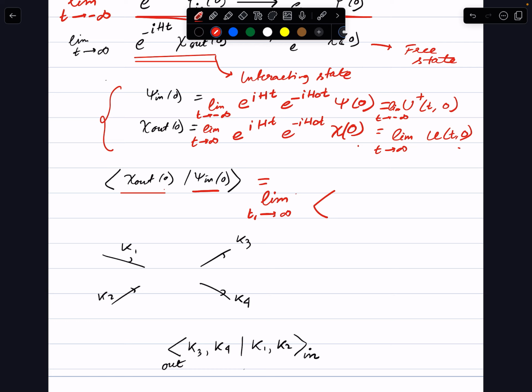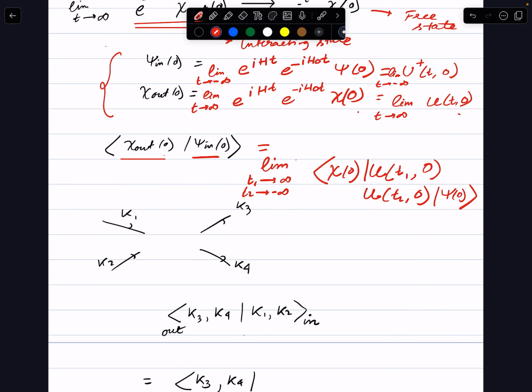So this is chi 0 U t1 0, and this is t2 0. This is the other guy. T2 goes to minus infinity, and this is psi 0.